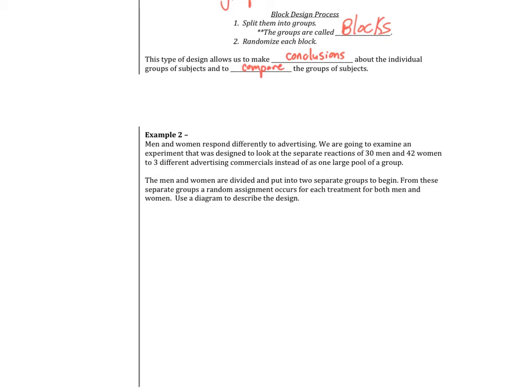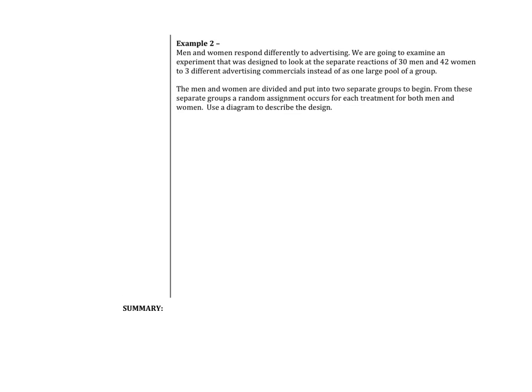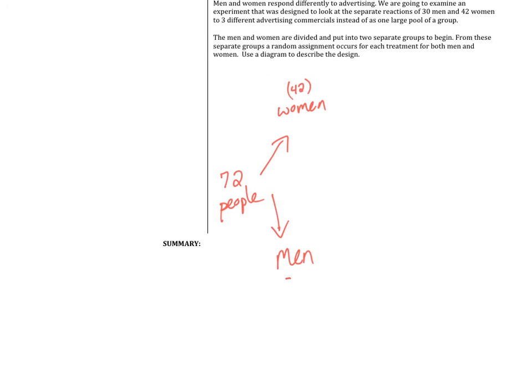So in this one, we start with 72 people. What we're going to do is separate them into women and men. So we break them apart, and there are 42 women, and there are 30 men.